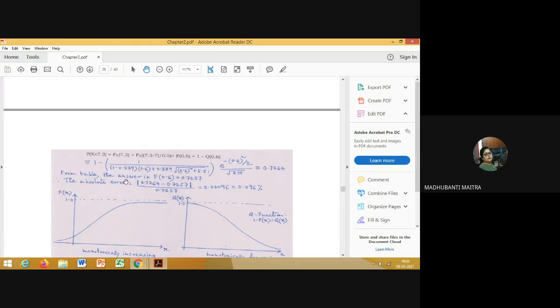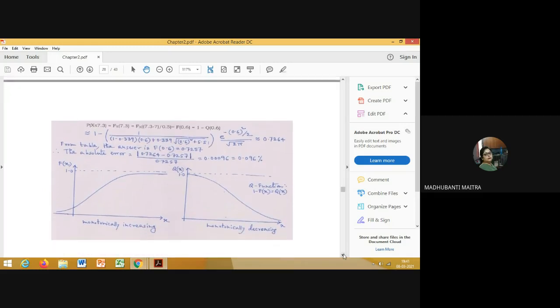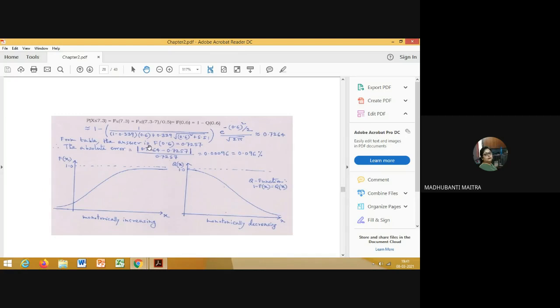If we refer to the table, we'll find that F(0.6) is 0.7257. So instead of getting 0.7257, we are getting 0.7264. For this particular case, we can find out the absolute relative error, where absolute means we are not considering the sign.